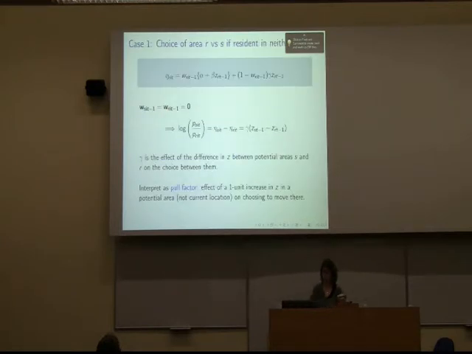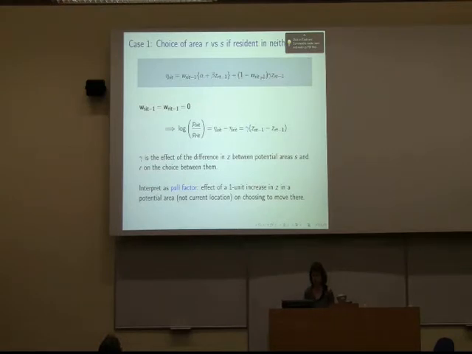So I've just written at the top there this general expression. We're just going to be substituting in different values of W into that. So the first scenario is when a person is not resident in either area at t minus 1. Then this log of the ratio of probabilities only involves this second part here, because this will be 0 in both cases.